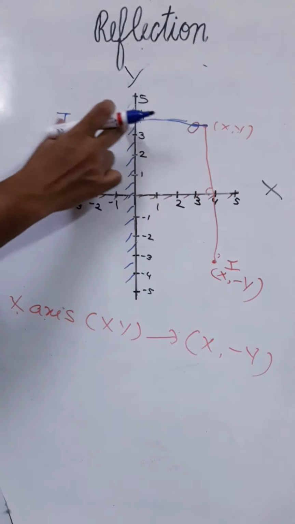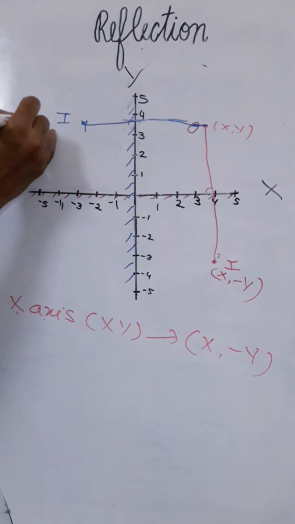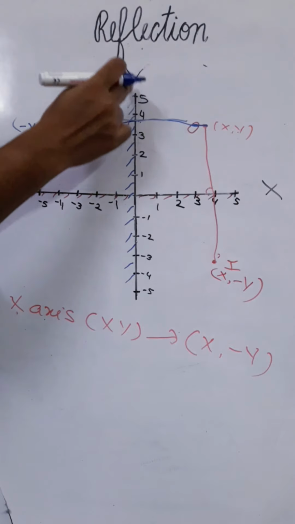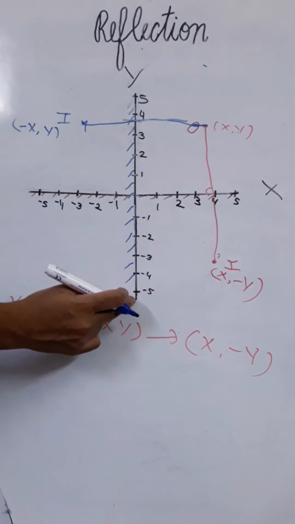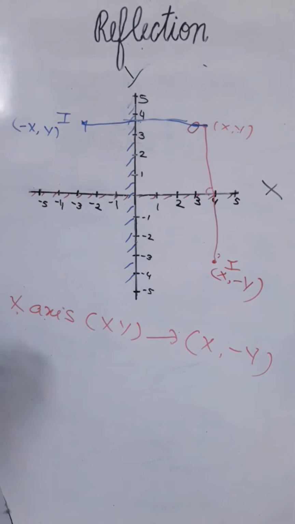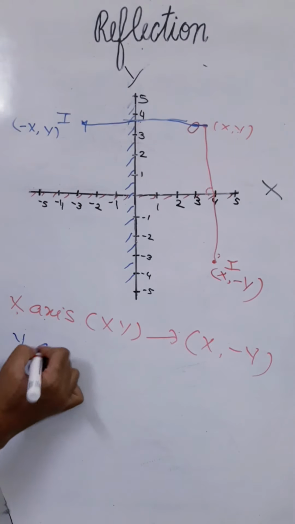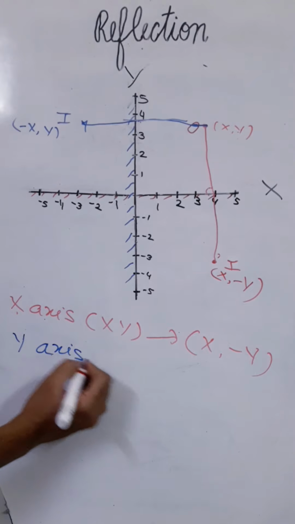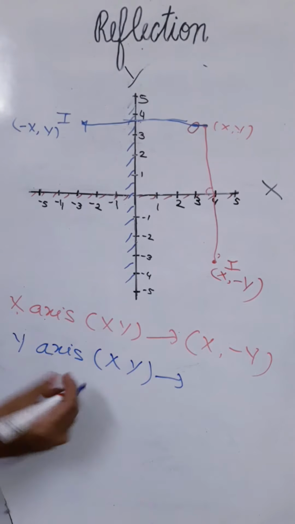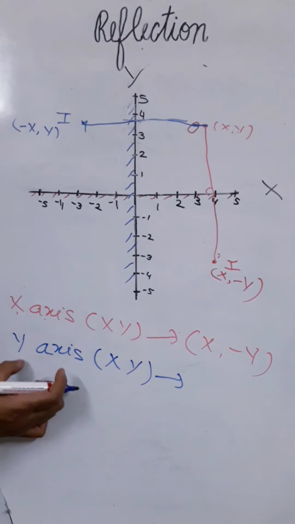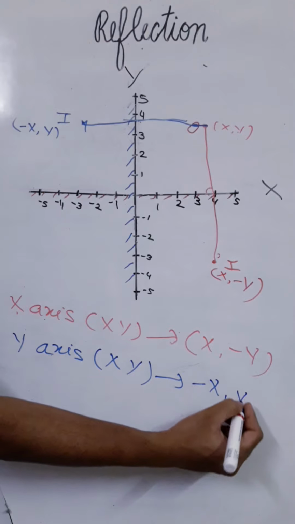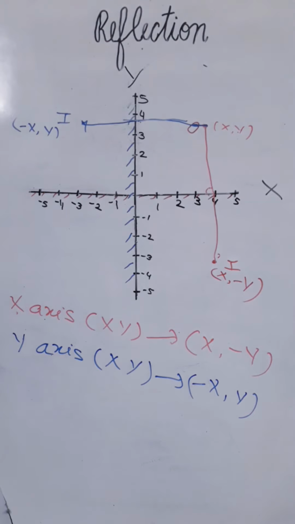Here x is positive and here x will become negative. So what you will get? -x comma y. So when the reflection is with respect to y-axis, your x coordinate is changing. So if the reflection is with respect to y-axis, your coordinate xy will become -x comma y. You are keeping the mirror on y-axis, so x coordinate sign will change.